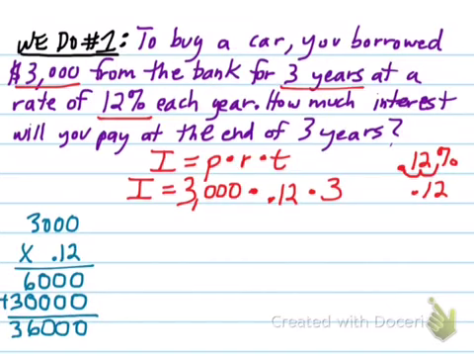And then we figure out where our decimal point goes. Since there's 2 values behind the decimal point, I move it 1, 2. And then we're going to be using the value 360. So our next step is to take 360 and then multiply it by 3.